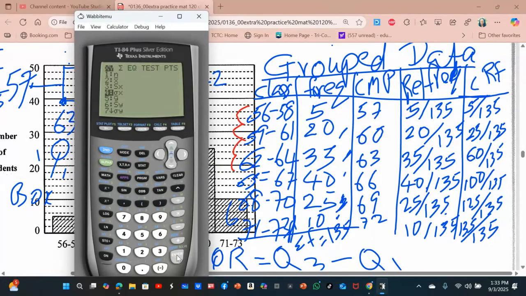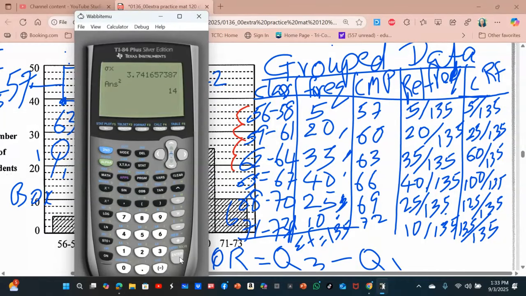When I pull it down, that is the sigma x standard deviation. If I square it, it is variance. So standard deviation squared is variance. So now I found the variance of this data.